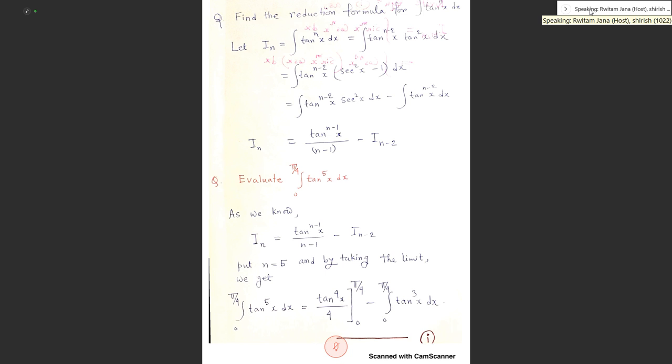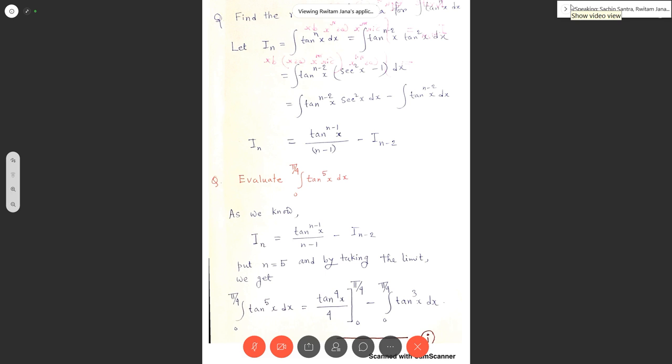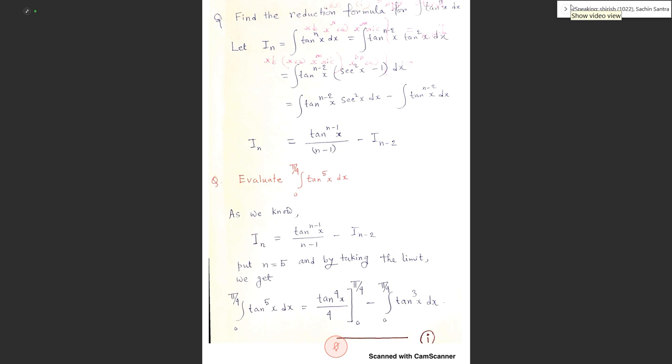Sir, yes, tell me. Sir, the screen is showing black. Is the screen black? I don't know about that. Sir, did you share everything? Sir, we can see it. The screen is visible. Let me take a screenshot. Mine is showing black. What I can do is share this another time. Okay, I will share this note with you also.